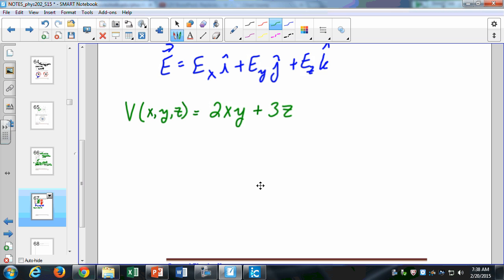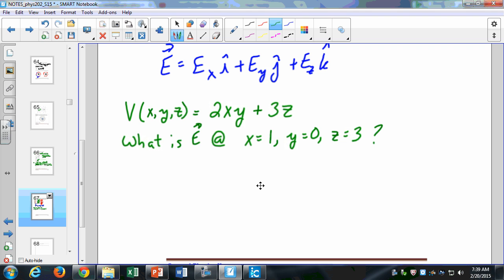And I want to know what is the electric field at a particular point. Let's just say at x equals 1, y equals 0, and z equals 3. What is the electric field at that particular point in space?